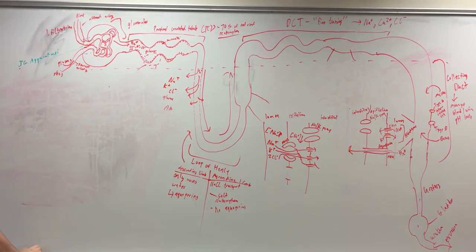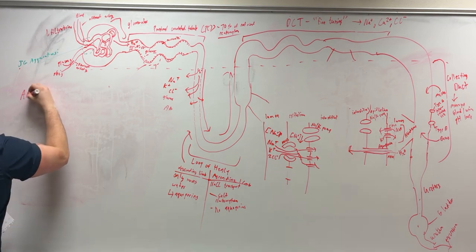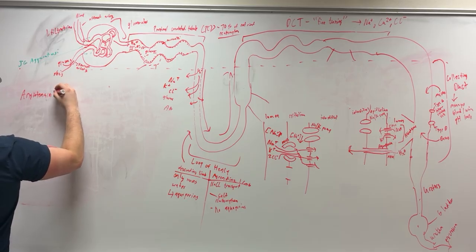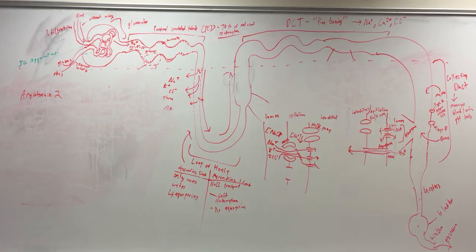So now we have, at the very end, angiotensin 2. So one thing that angiotensin 2 is going to do is vasoconstriction. If you remember from chapter 42, we talked about vasoconstriction a lot. Vasoconstriction is the tightening of blood vessels.